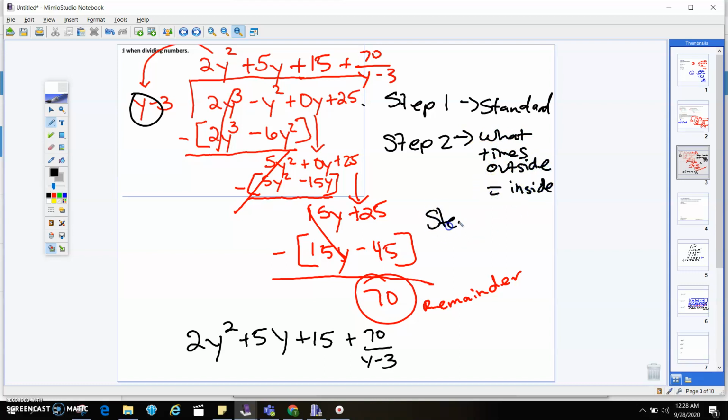Step 3, actually multiply. And don't forget to multiply this other term that's out here. Step 4, subtract. And step 5, repeat. You're going to keep doing it. Okay? So standard form, what times outside will give you inside, multiply, subtract, repeat.